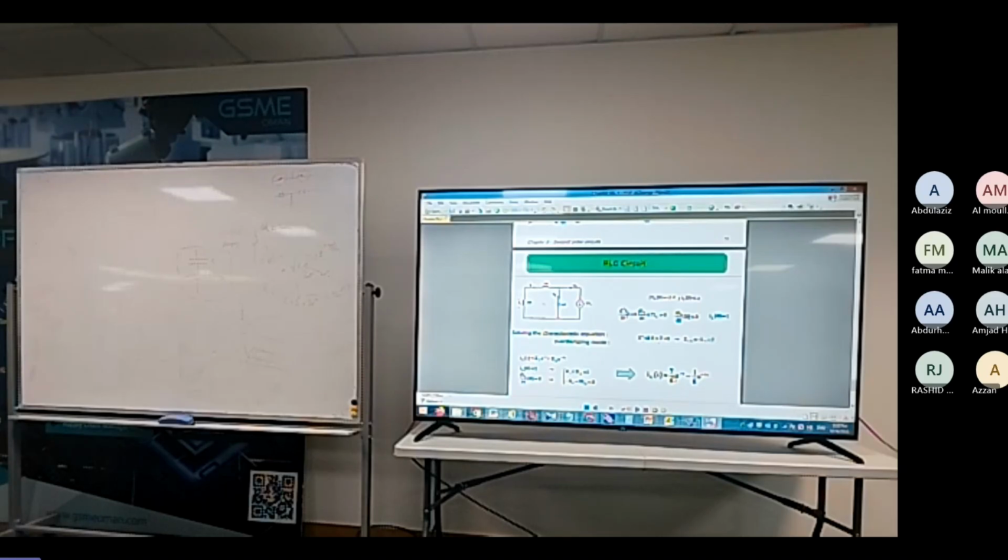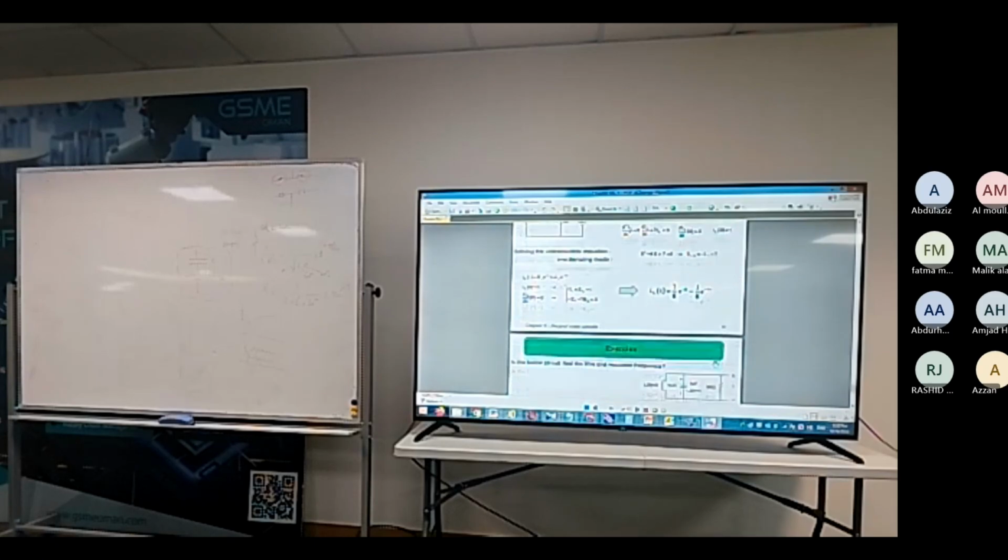We have oscillation there. There's no oscillation here. Yeah, exactly. Based on the roots, it's overdamped. We don't have any oscillation. That kind of waveform goes to zero.